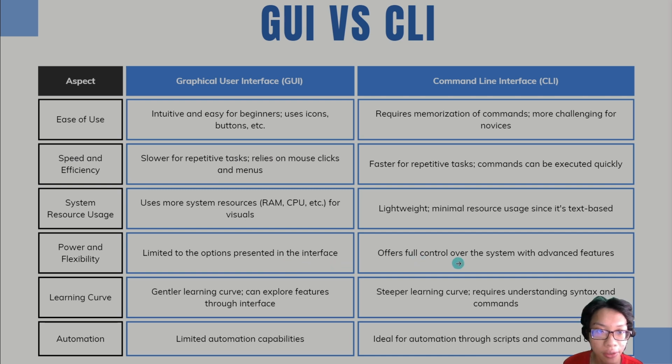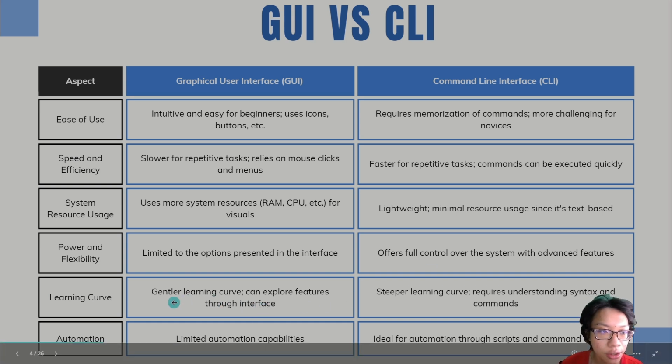In the command line interface, the power and flexibility offer full control over the system. So as you can see, the command line offers more flexibility than GUI. Then the learning curve. GUI has a gentle learning curve, and you can explore it through the interface.